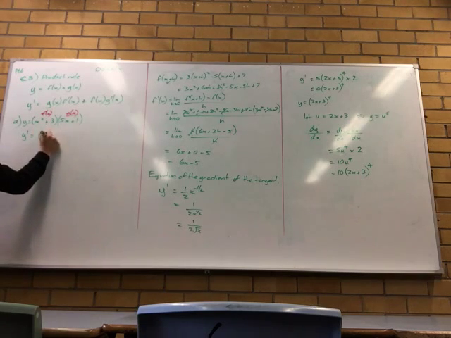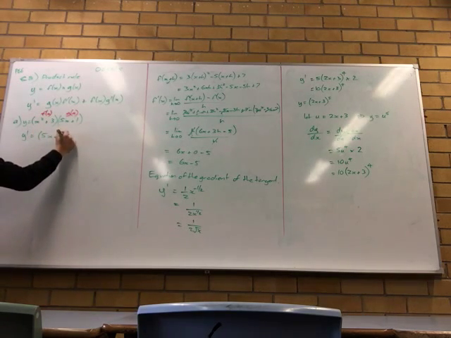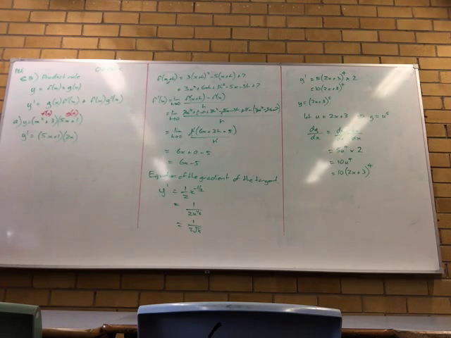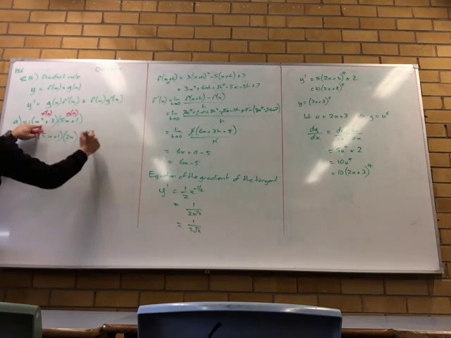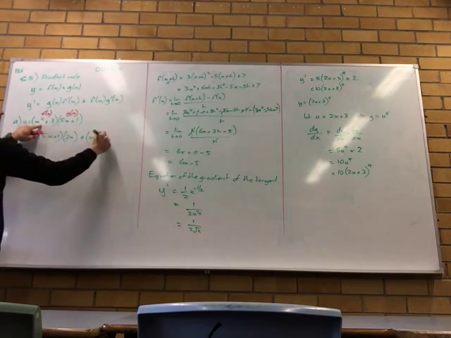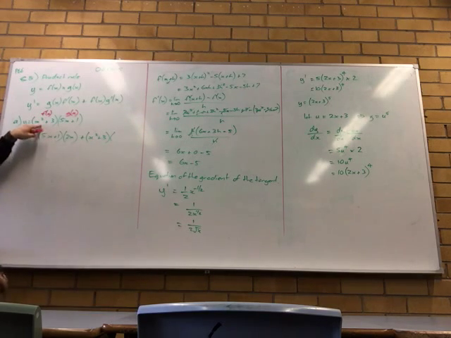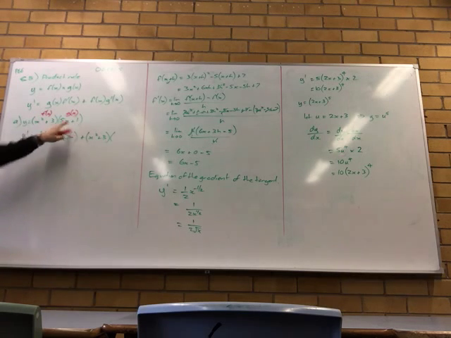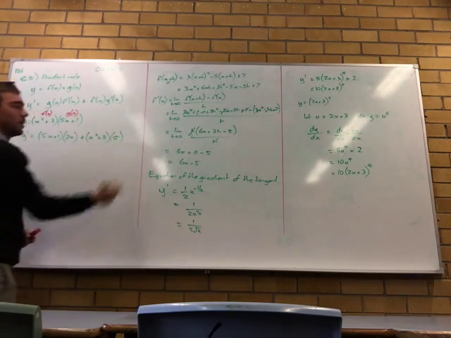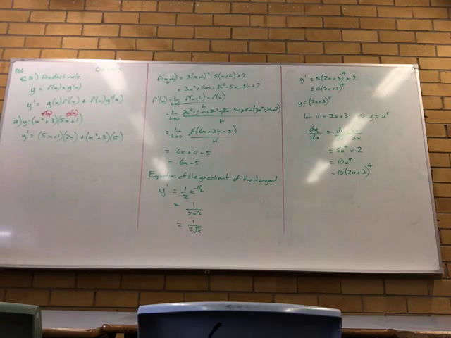So, second, the 5x plus 1 times the derivative of the first, which is 2x, plus the first, x squared plus 3, multiplied by the derivative of the second, 5. So multiply by 5. And that is your derivative function.